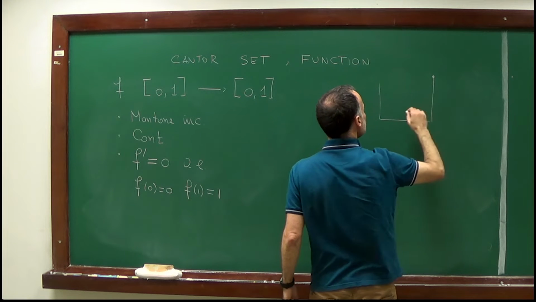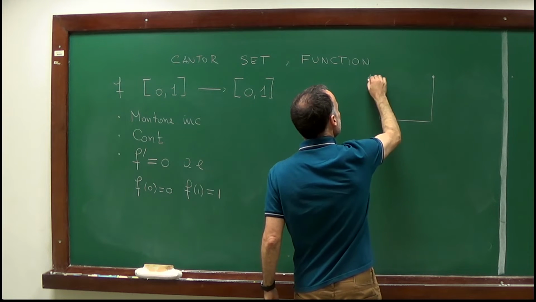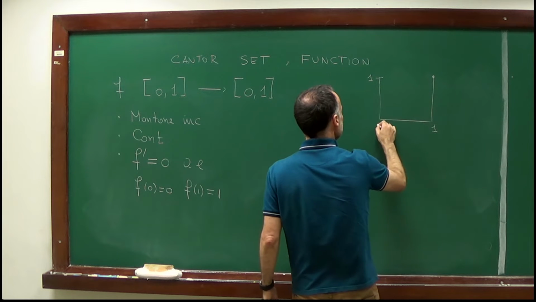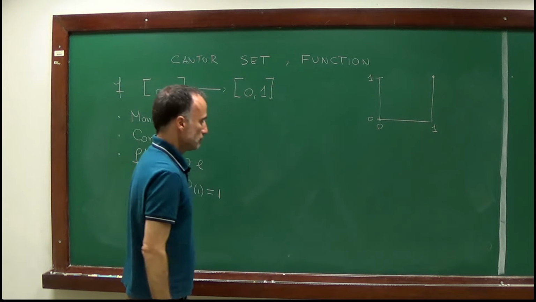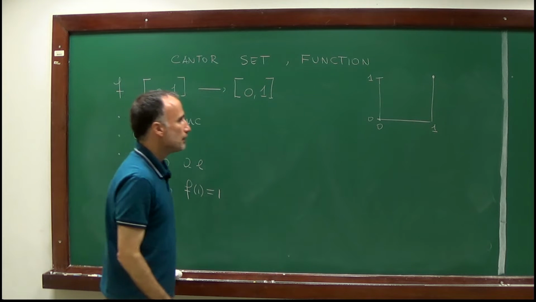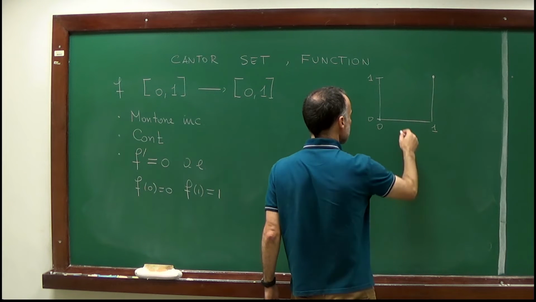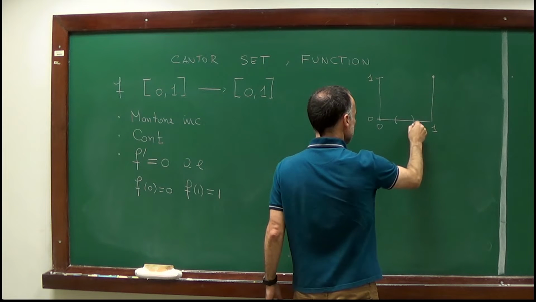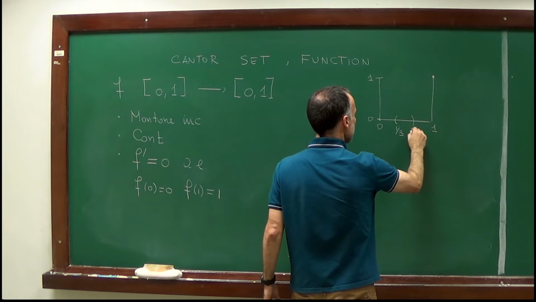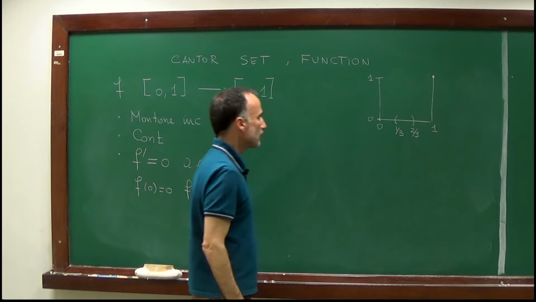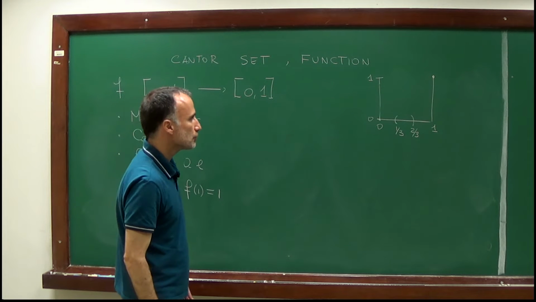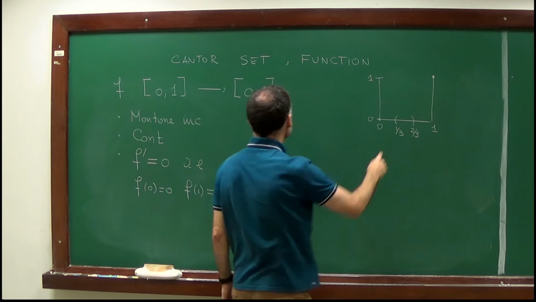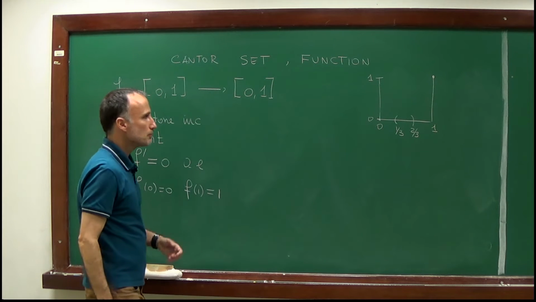We want the function to be 1 at 1 and to be 0 at 0. And we will use the Cantor set construction in order to construct this function. So remember, when constructing the Cantor set, we first removed the interval (1/3, 2/3). So I want to define my function f in this interval.